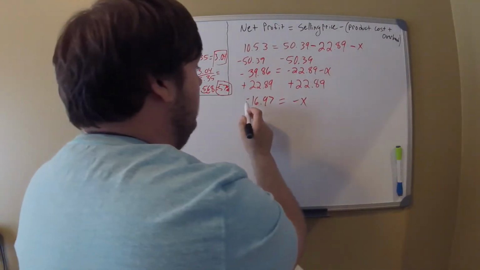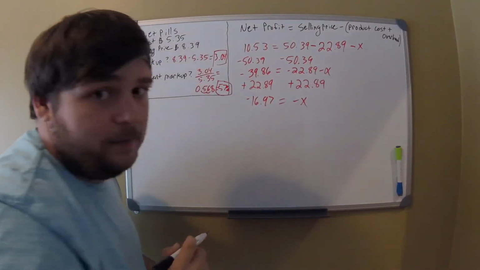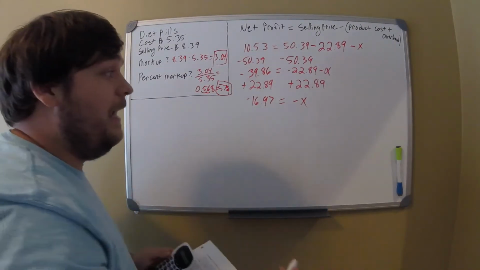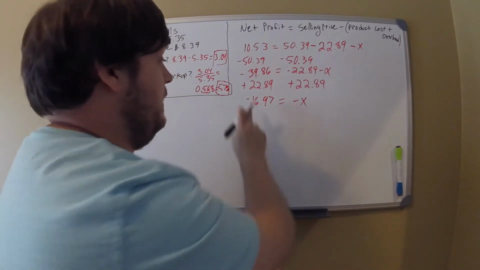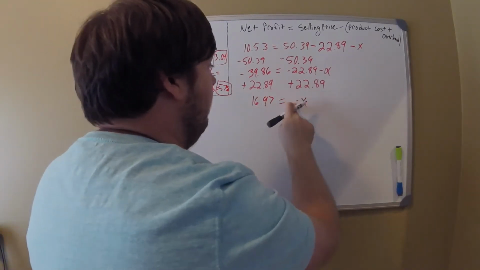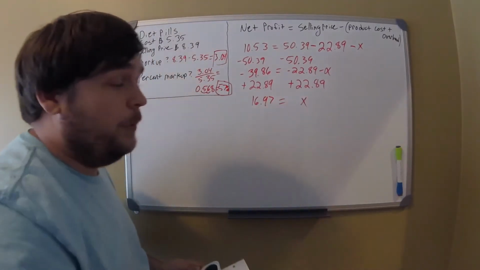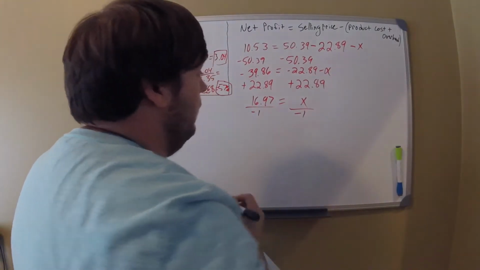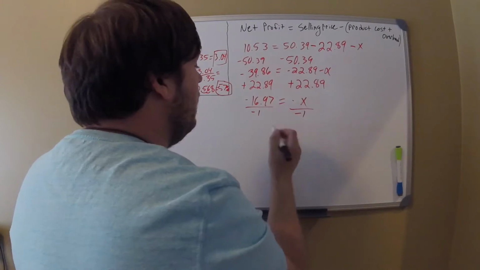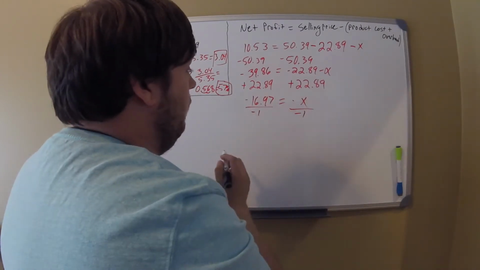Now you see that you're left with a negative on this side and a negative on this side. To get rid of that negative, essentially we can just erase the negative and let them cancel each other out. But in actuality, what we're doing is dividing by -1 on both sides. And that's going to cancel out that negative.